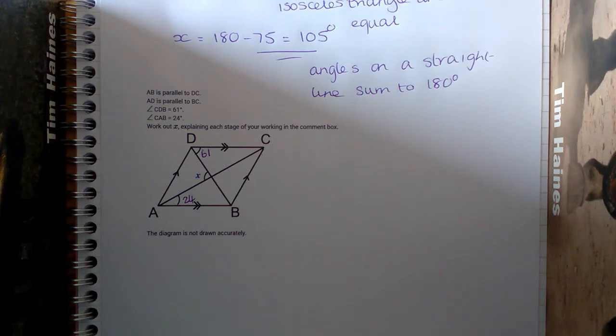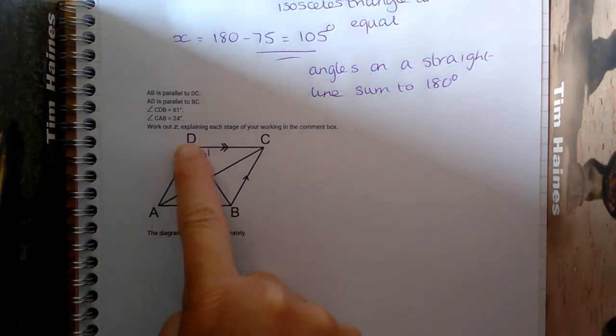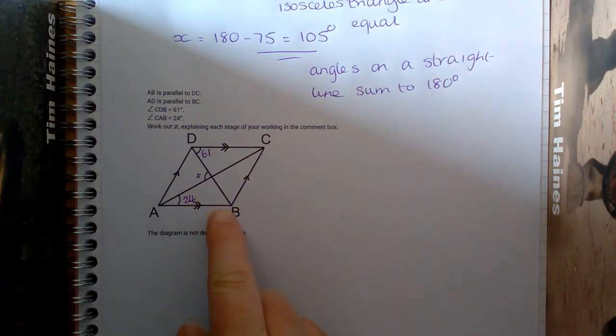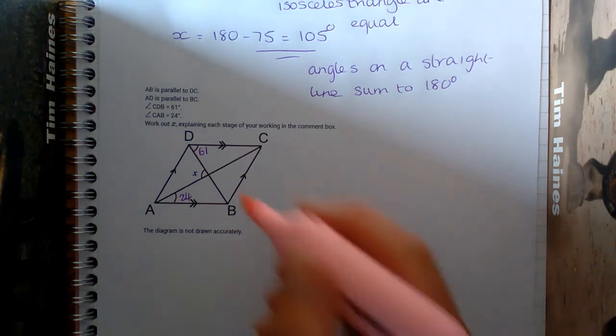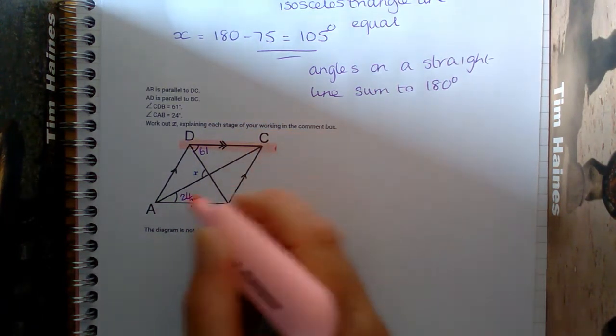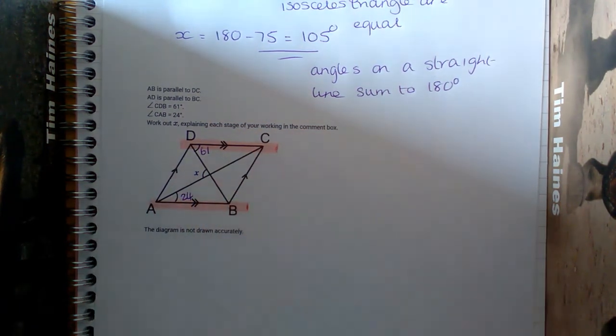So first of all, I'm looking for bits of information that I know. You can see here these two lines are parallel, so that's parallel to that. If you draw your parallel lines or colour in your parallel lines, you can then start to see some alternate angles starting to appear.